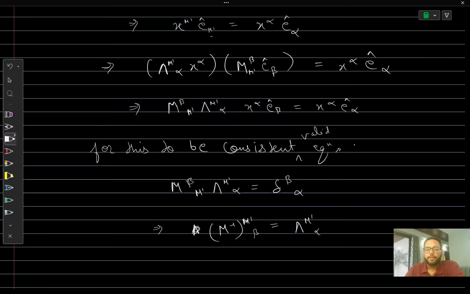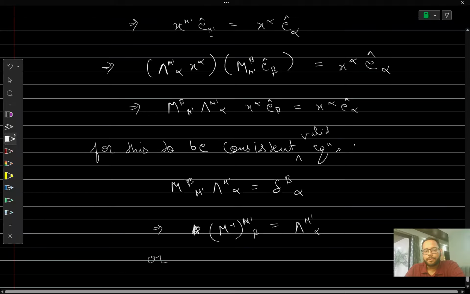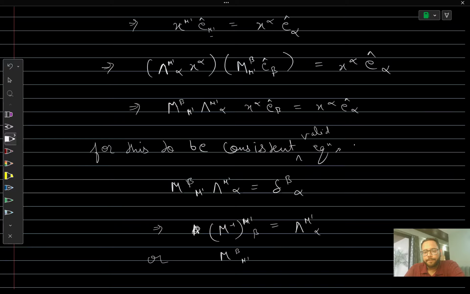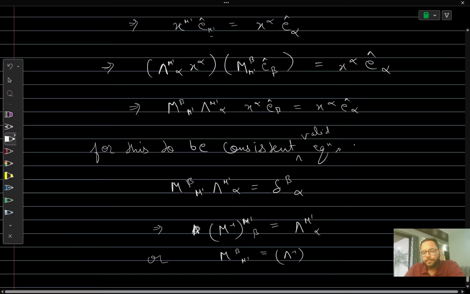Or you can write it oppositely, that beta mu prime should be equal to the inverse of this thing.